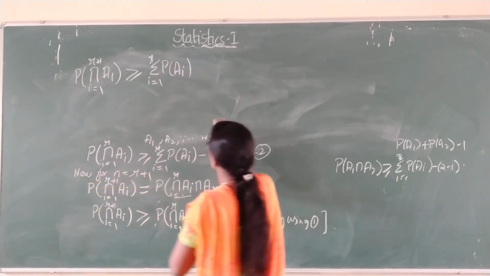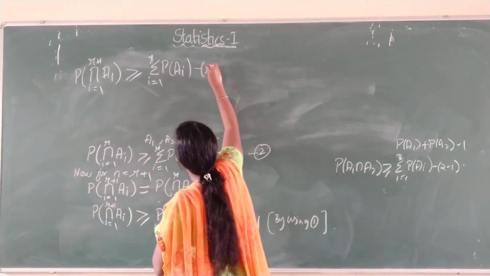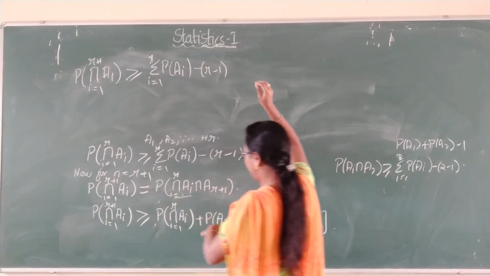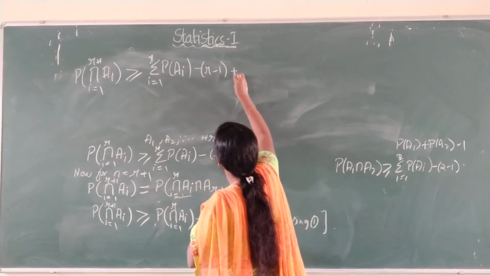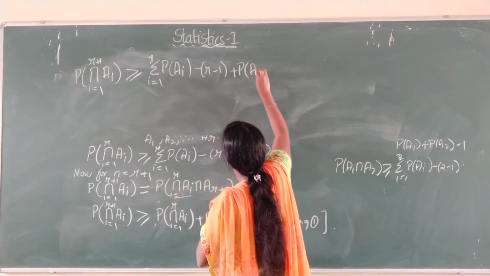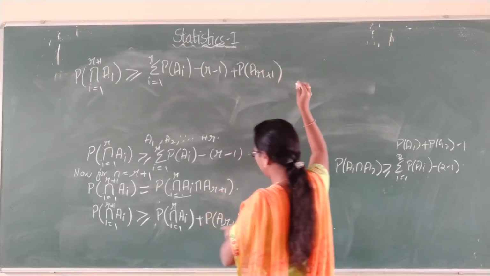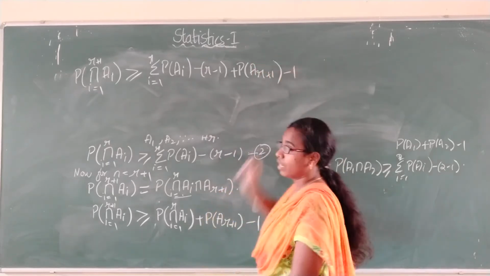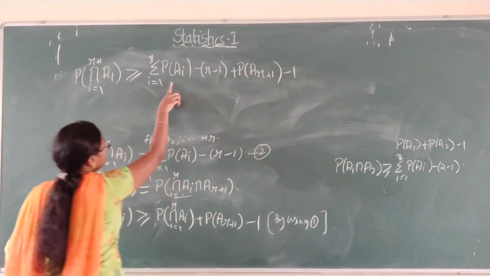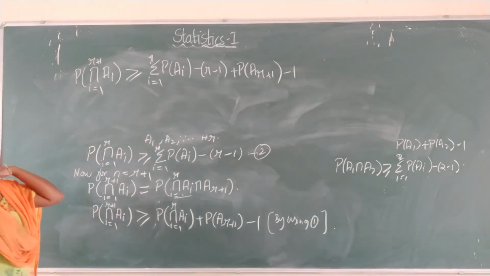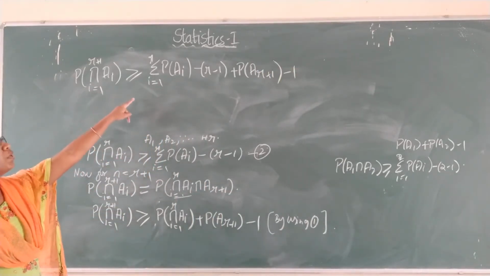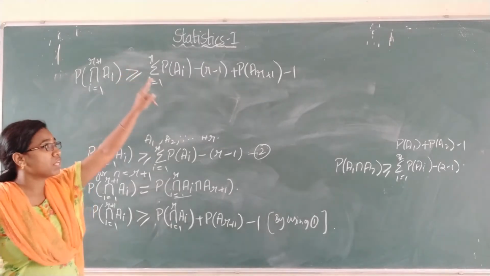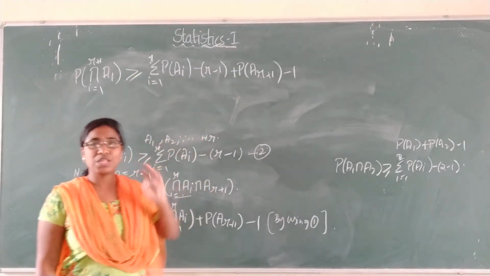Next term is minus r minus 1. Next the left out term is plus P of A r plus 1 minus 1. Now if you observe these two terms, P of summation P of Ai up to r terms, here you have P of r plus 1 to come.